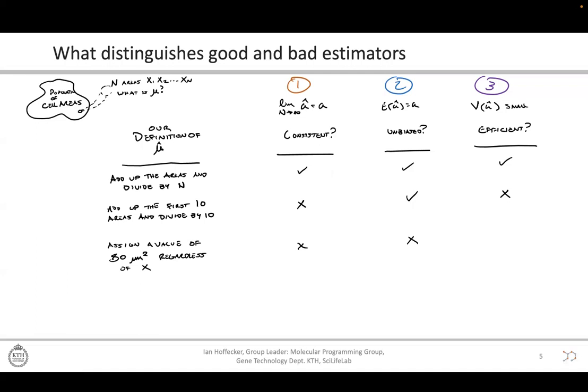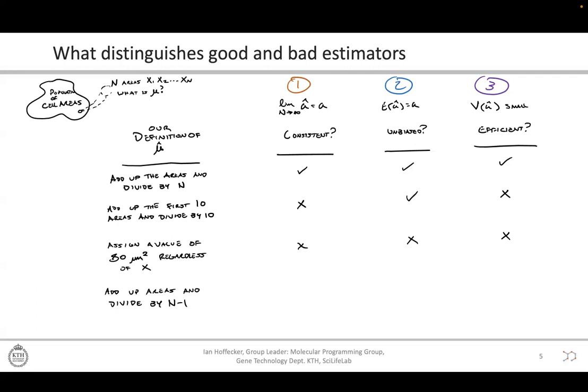The expected value of this estimator has nothing to do with the true value, so it is not unbiased. It is in fact very biased. And then the variance actually is going to be really small in this case, but well, yeah, you're not getting any information about the true value in this case.